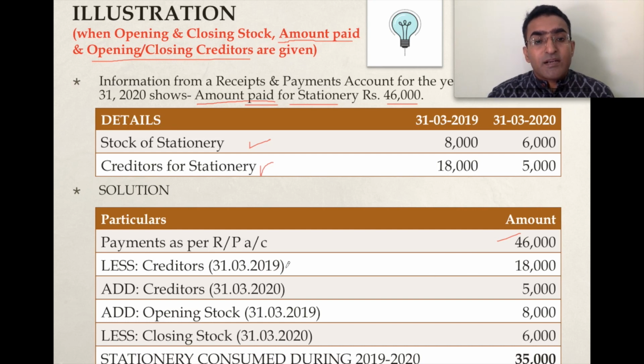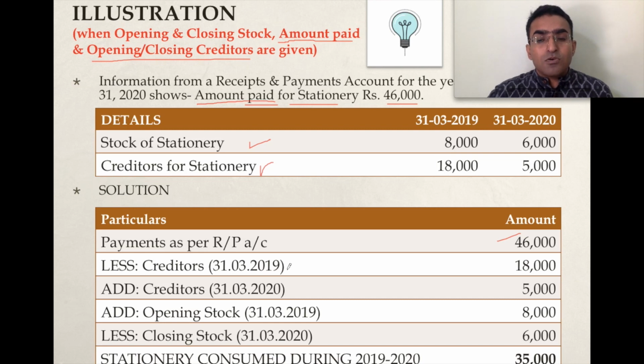Now, creditors as on opening date, previous year pending amount. Does the previous year pending amount relate to the current year? No. Okay, why am I asking this? Because we are calculating the amount for the current year. So current year amount should be included. Previous year amount or next year amount should not be included.